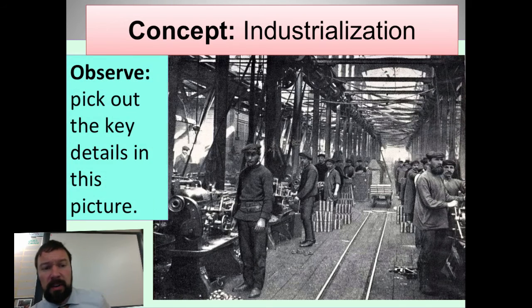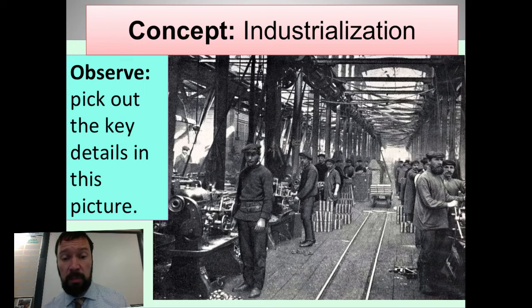In class we've been finding out what you see in this picture. As you can see, a bunch of men standing around, not having fun, but actually producing goods. The idea is that these guys will stand by their station and do the same action over and over. Say they're building something for war, some sort of weapon or explosives.